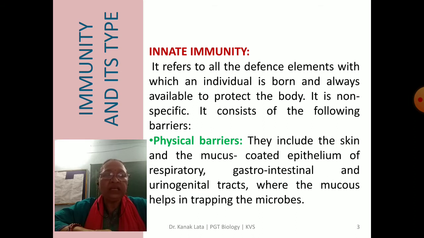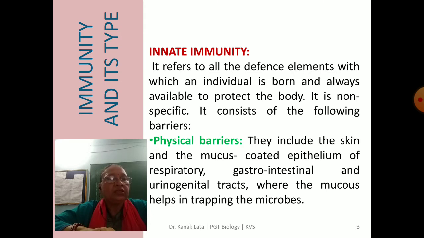It is always available in our body to protect from microbes. But there is one drawback, because innate immunity is not specific, it is non-specific. So this is about innate immunity, which is present at the time of birth.